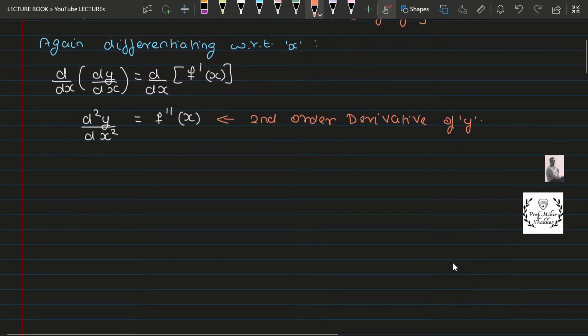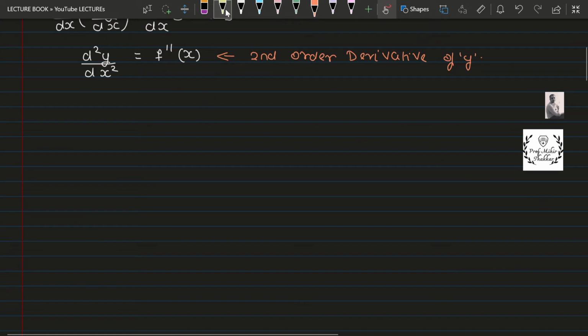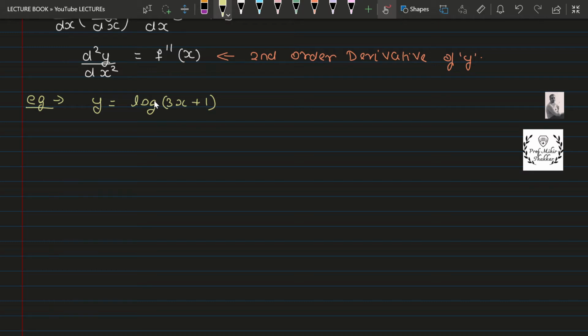Now let me help you with an example. If you have y is equal to log of (3x plus 1). In such a case, what we do is differentiate with respect to x as usual. So derivative of y is equal to dy by dx.